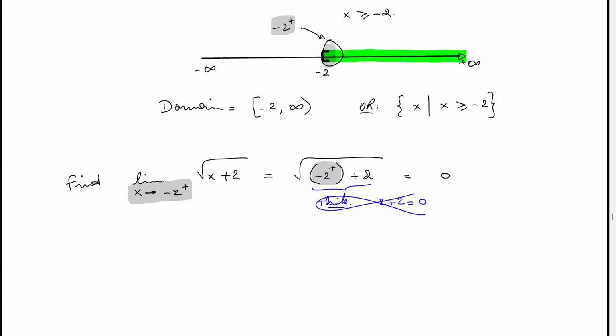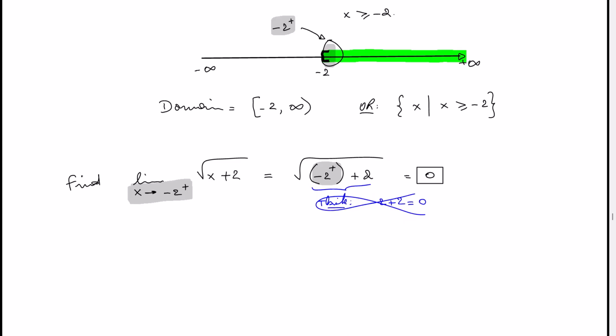So I have to just basically try it out to myself. I know the answer is going to be 0 here because negative 2 plus is a number that we mentioned earlier, like negative 1.999. And then if I add 2 to it, the result is going to stay positive because 2 is bigger than the number that I'm putting there that's negative. So in this case, I know the answer is going to be 0 plus, but I'm going to write 0 and just end it like that.